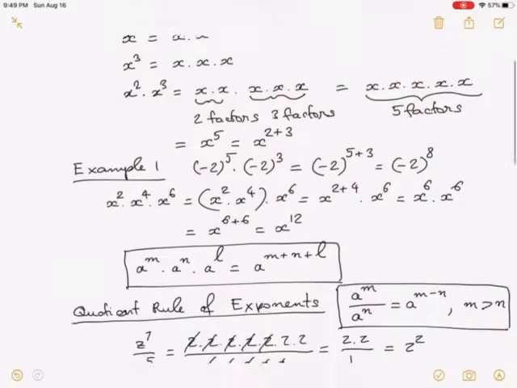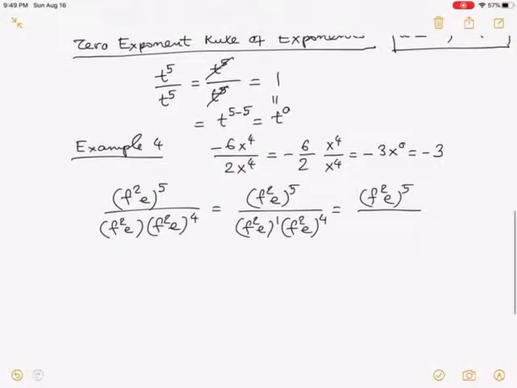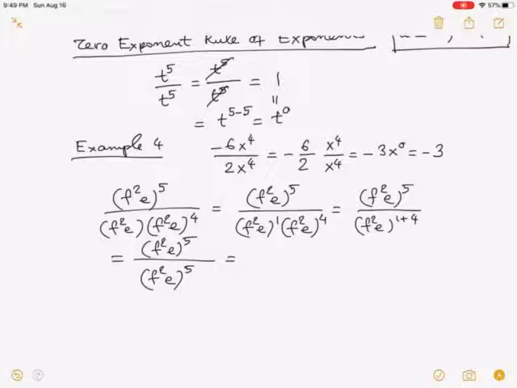Here we use a product rule. It is f square e to the power 1 plus 4. So this is f square e to the power 5 divided by f square e to the power 5. So this is f square e to the power 5 minus 5, or f square e to the power 0. So this is simply 1.